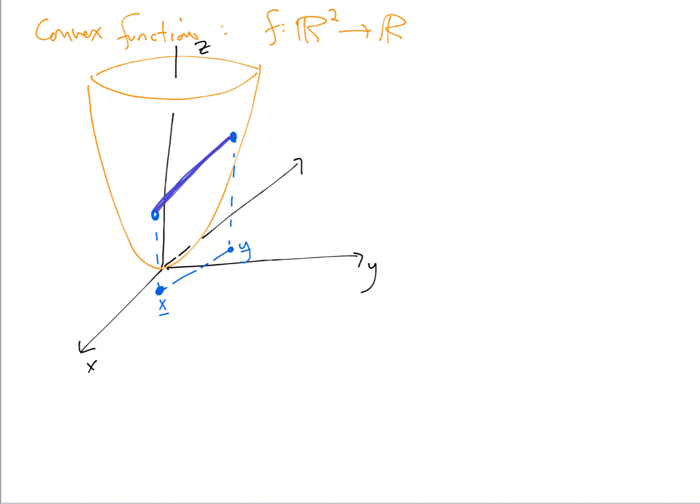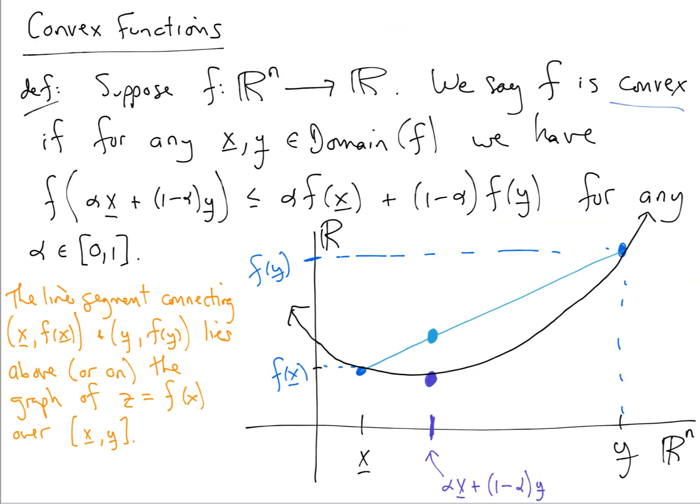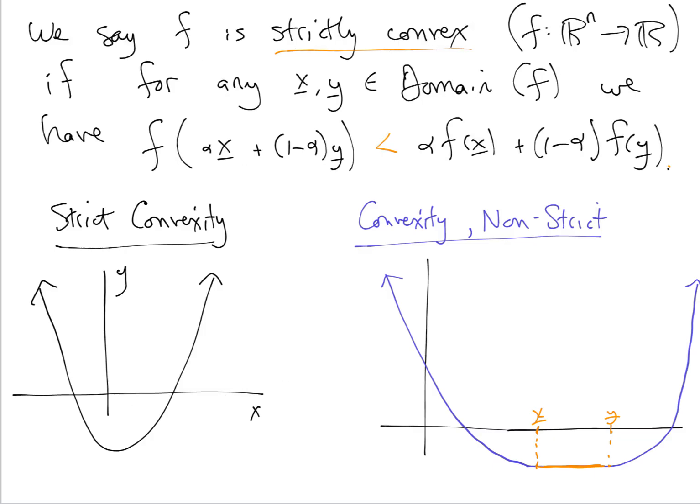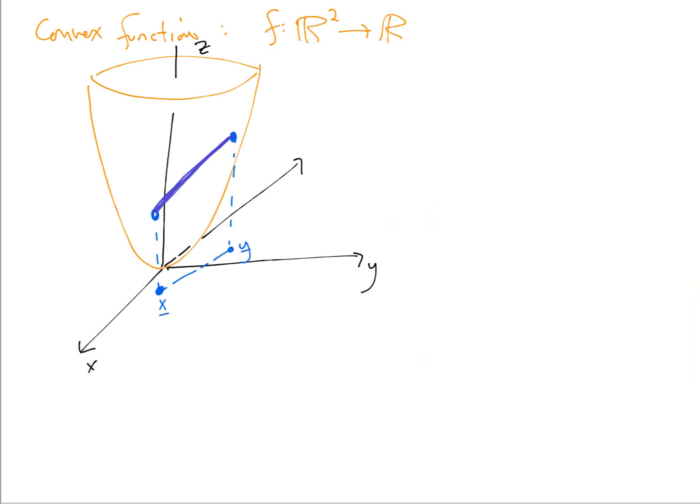There's another way that you can define convex functions in terms of support lines. But the key definition and the classical definition of convexity is this one. And the pictures we want to think of when we think of convex functions are these two and this classic paraboloid type of picture.